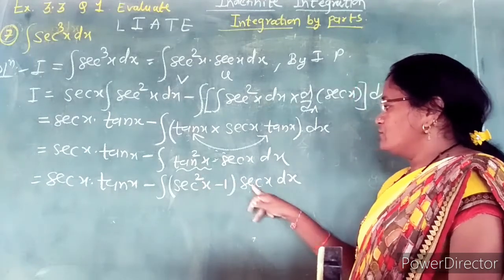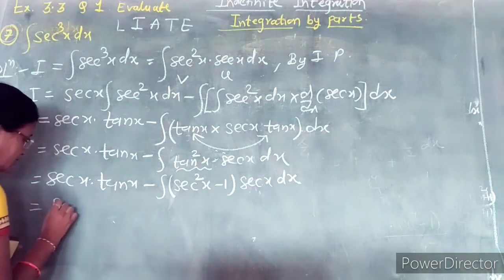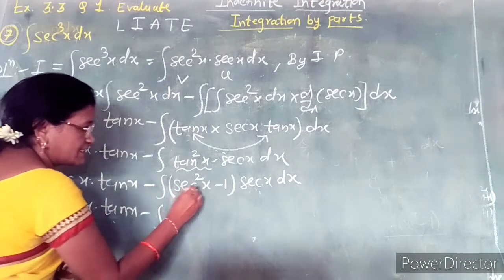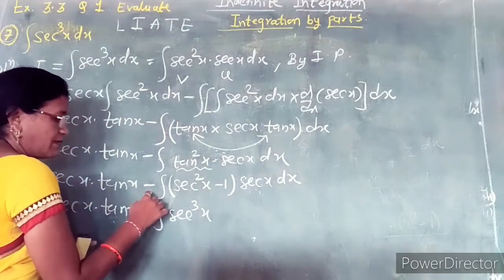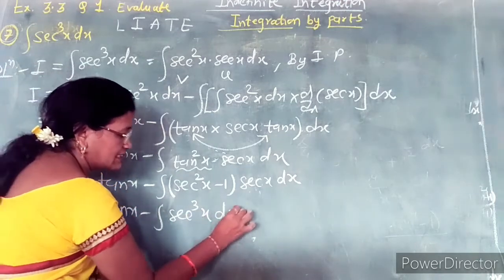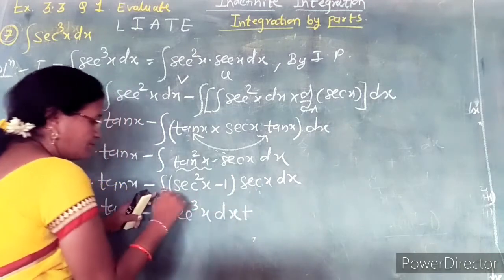So sec square x into sec x for the second integral becomes a product, sec cube x. This minus sign with this integral and the product of these two terms, sec cube x integral with respect to x. Now this minus with this minus becomes plus.